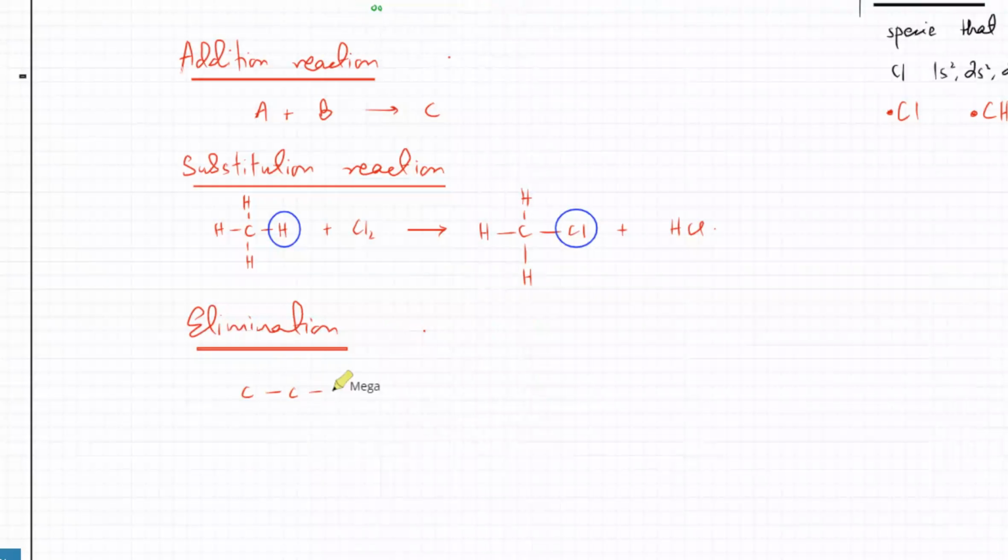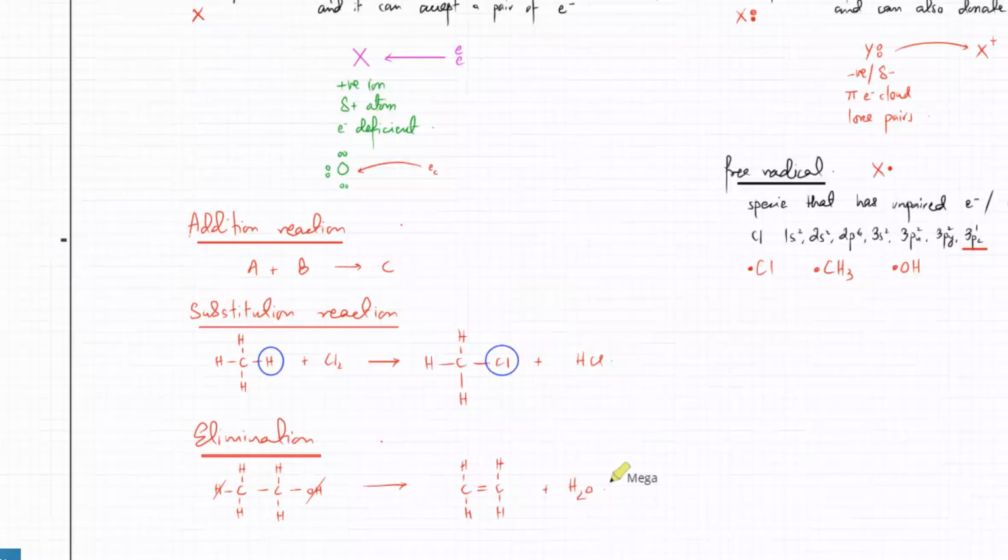So for example, a molecule will be eliminated. The OH and H get removed, and the carbons end up making a double bond. And a water molecule is produced. So a small molecule gets produced. So you've got addition, substitution, elimination reactions.